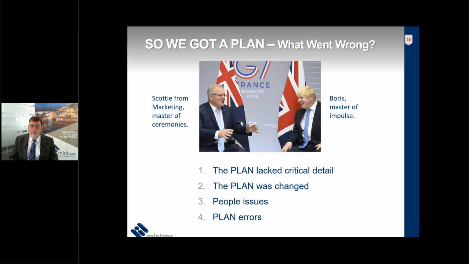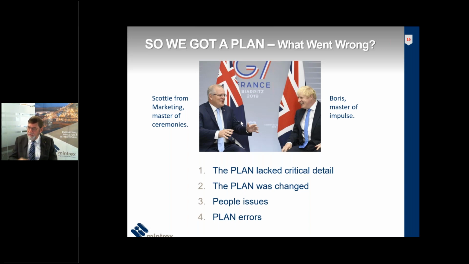That's clearly what we're addressing in this slide here. We've got two leaders here, clearly effective leaders because they've got to the role, but perhaps not the guys you'd want to implement your project.